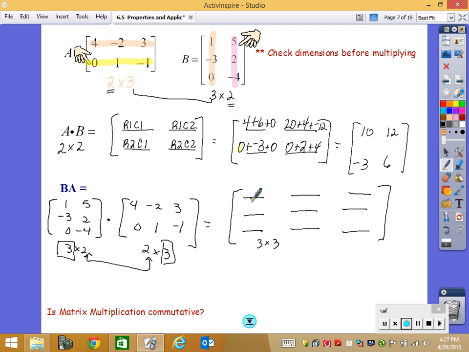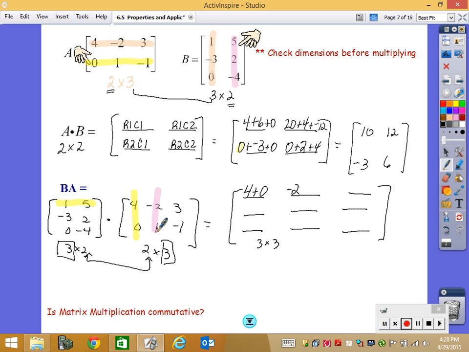This one is in row 1, column 1. I have row 1 by column 1. 4 plus 0. Row 1, column 2. 1 times negative 2 is negative 2.